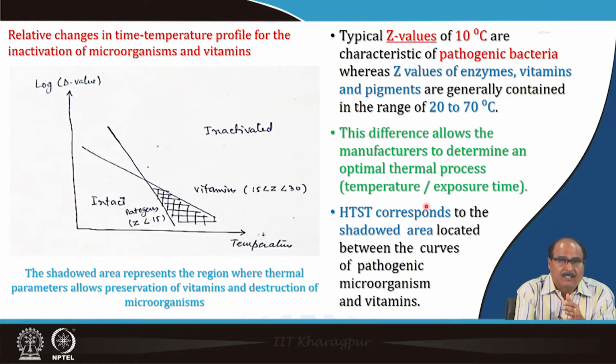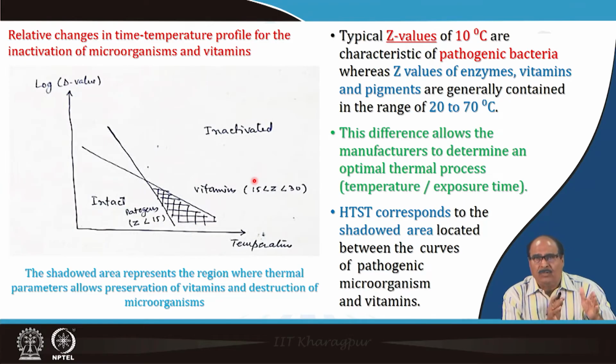You can see in this figure that generally the typical z values of 10 degrees Celsius are characteristic of the pathogenic bacteria, whereas z values of the vitamins, pigments, enzymes, etc. are in the range of 20 to 70 degrees Celsius. This difference allows the manufacturer to determine an optimal thermal process, like temperature and exposure time.